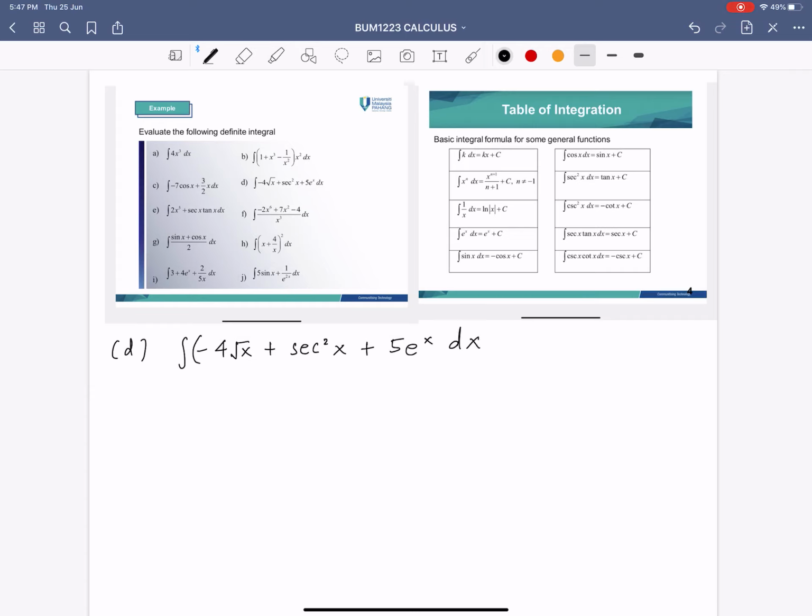Okay, we should have bracket like this here, because we have plus.